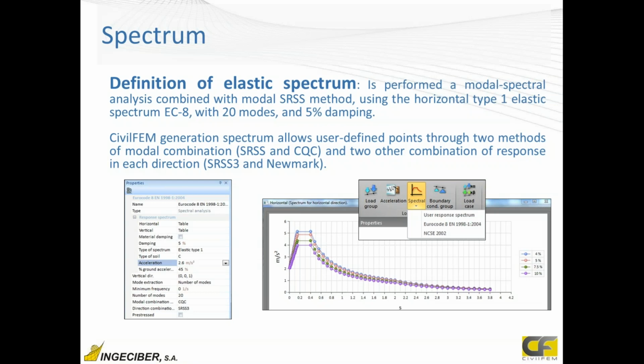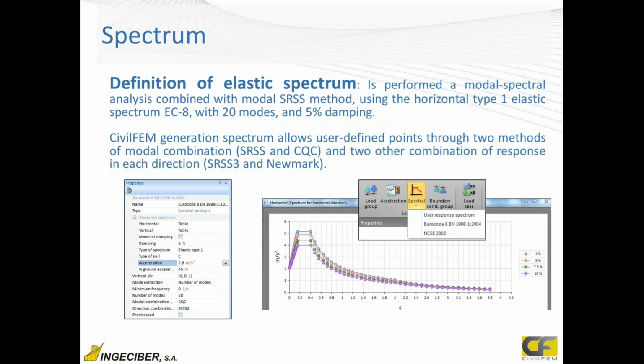According to the Eurocode, or many codes, later we'll see we extracted 20 modes, but we can extract more depending on the code specifications. As you know, we must extract enough modes to reach a percentage of total mobilized mass, 80% or 90%.